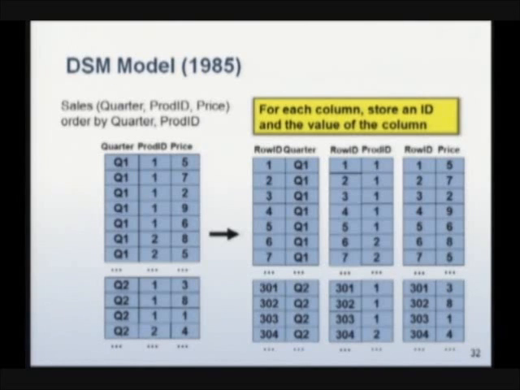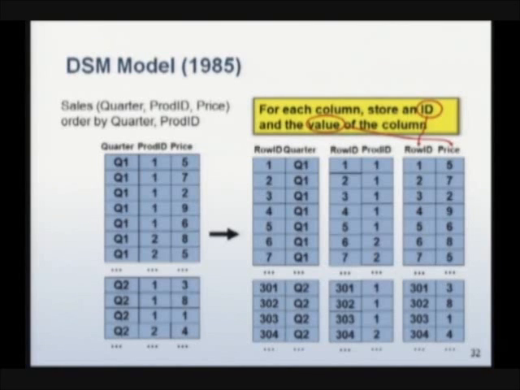And there are supposed to be about 300 rows in the table for quarter one, and I can't remember how many rows for quarter two right now. Their approach to this problem was to take the table and slice it into columns, and then to each value in the column, like quarter one, I add a row ID to establish the correspondence between values.